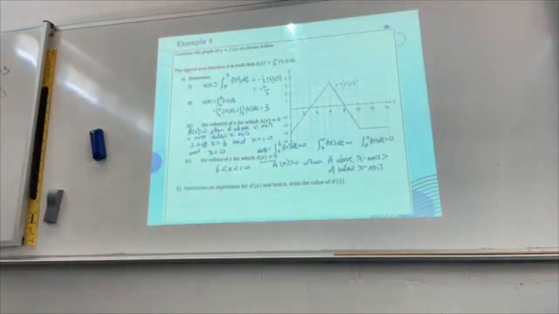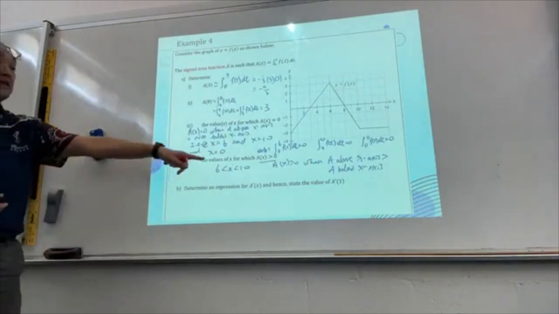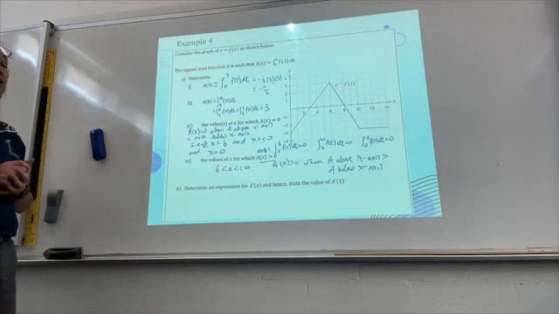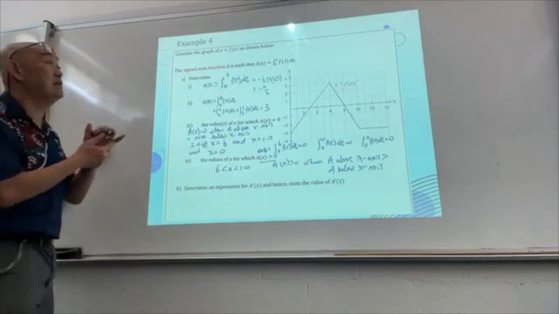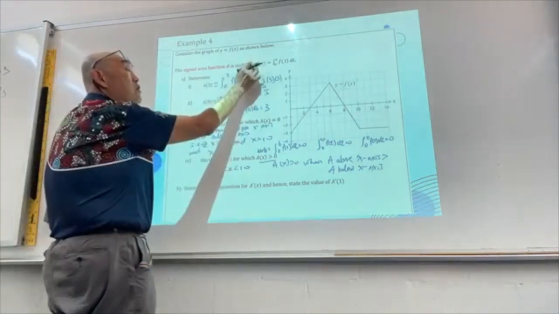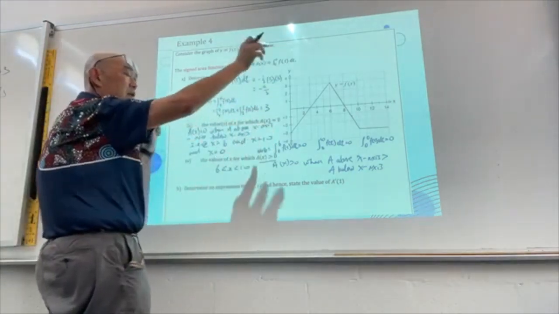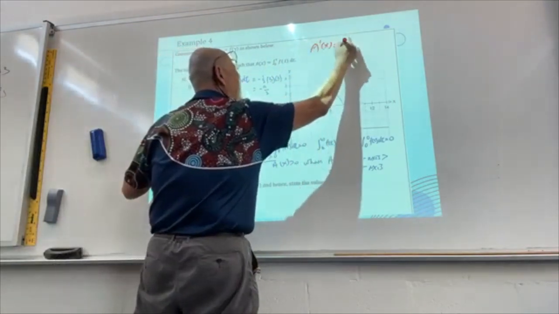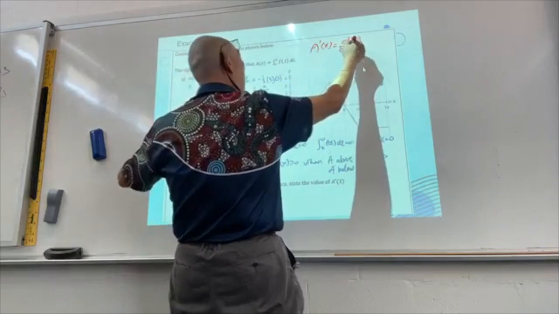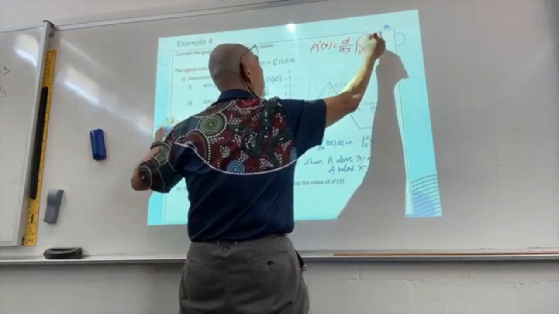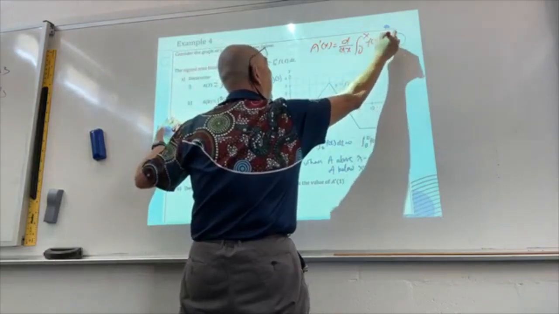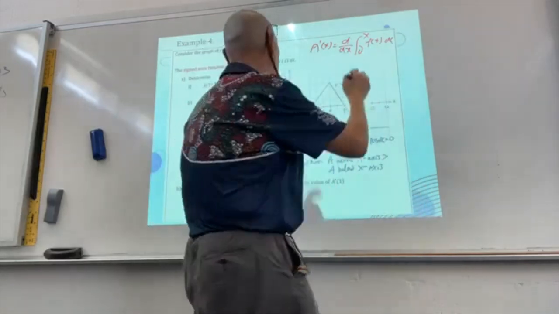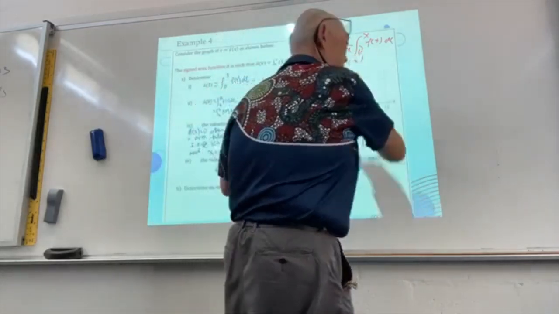All right? And finally, determine an expression for A(x), and hence state the value of A'(1). So we know that using your fundamental theorem, A(x) equals the integral from 0 to x of f(t) dt. So therefore that becomes f(x). Correct?